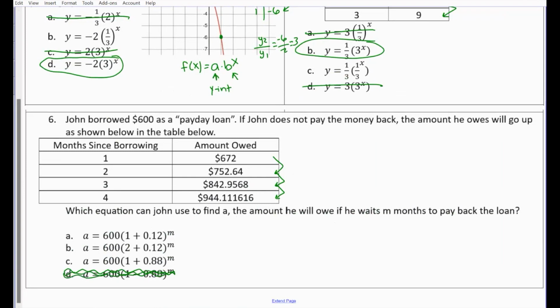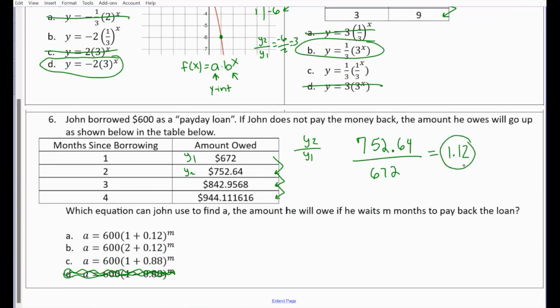All right, now the next thing I want to find is the common ratio. I want to figure out what my b is. So I can always do y2 divided by y1. I'm going to do 752.64 divided by 672, which is going to give us 1.12.